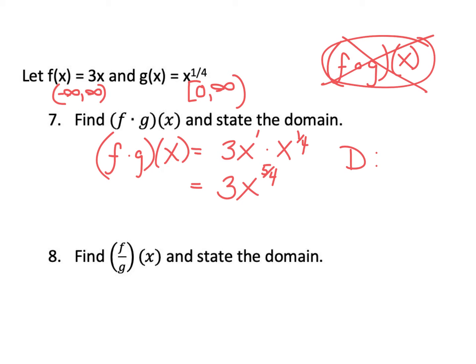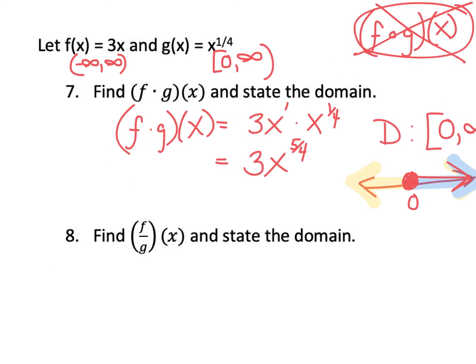So what they have in common would be from 0 to infinity. If you're struggling to understand that, picture a number line. The f of x, I'll highlight in yellow, would be everything on the number line. And g of x would be from 0 to the right. So where they overlap is from 0 to positive infinity, and 0 is included, so it'd be a closed circle.